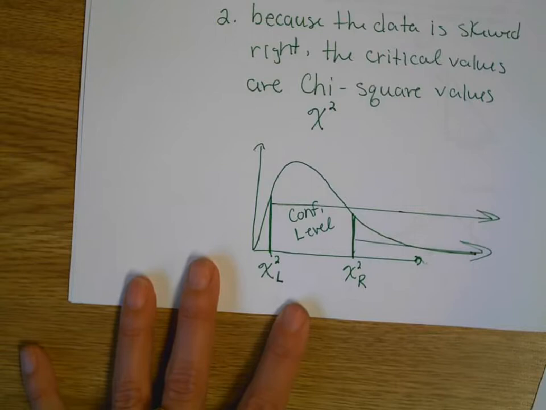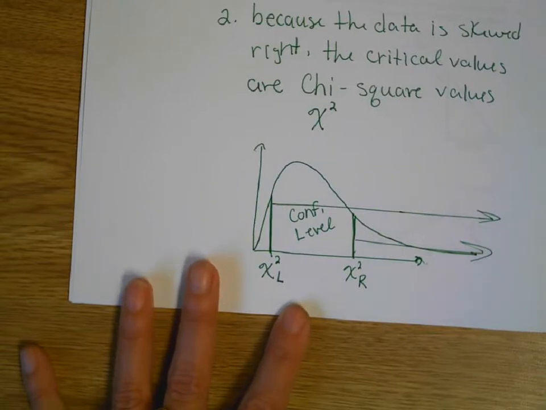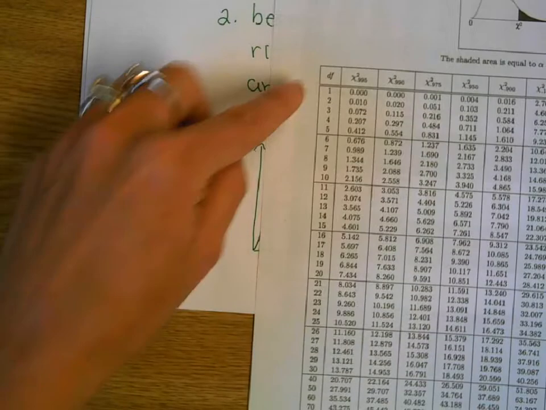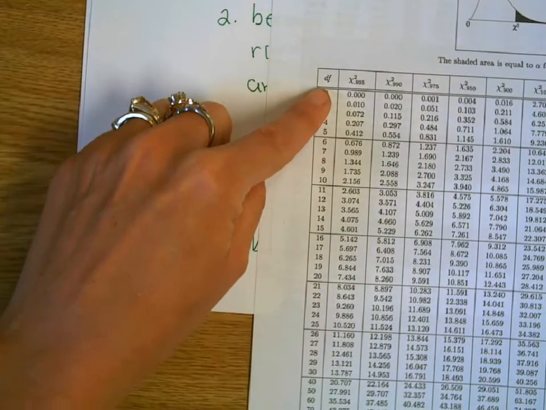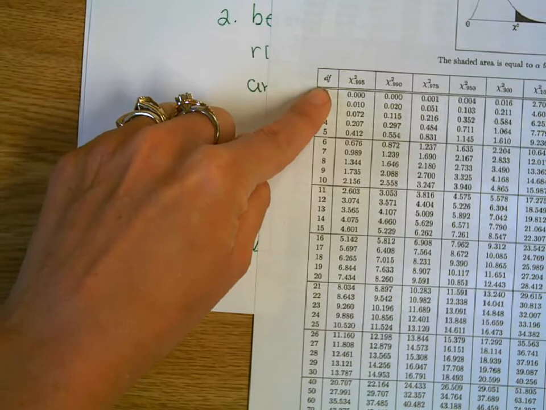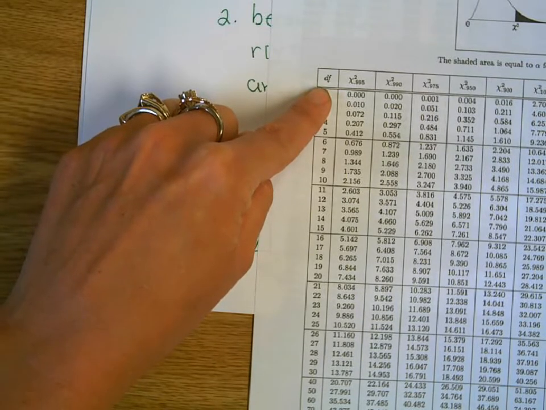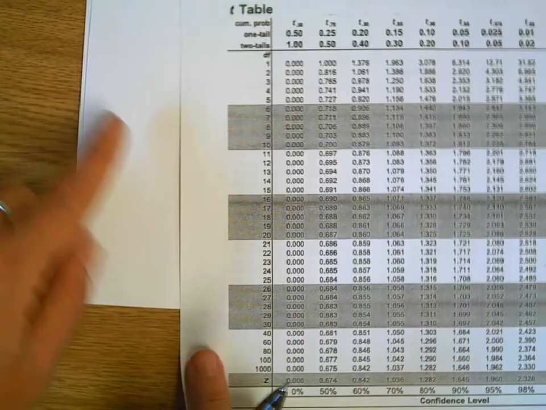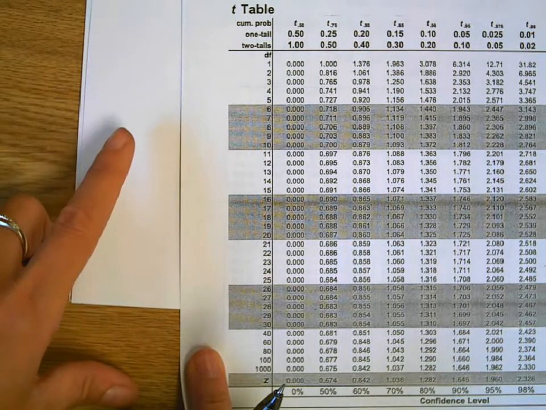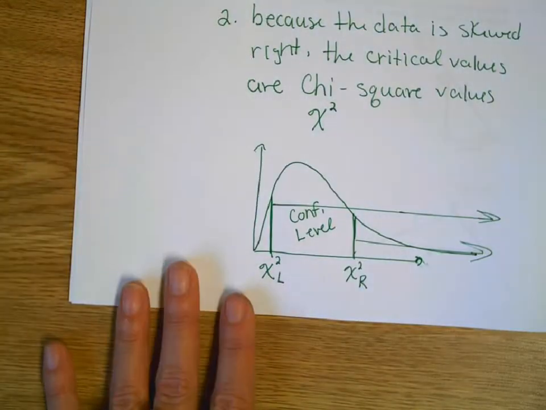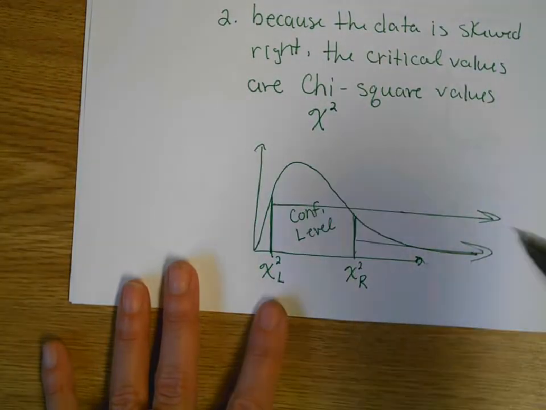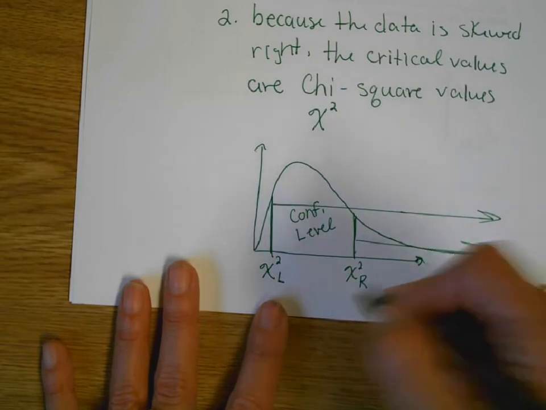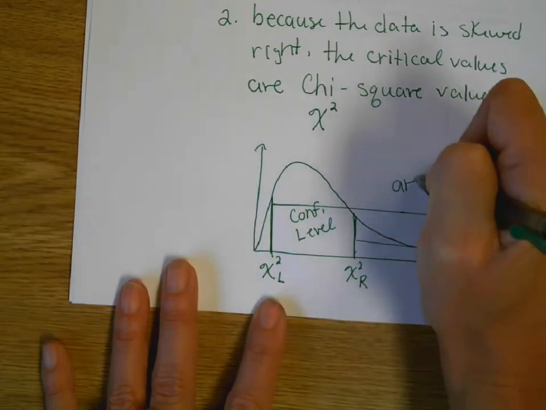So we're going to practice reading the table before we actually get into this. And notice the left-hand column again is DF. What did DF stand for? Degrees of freedom. And how do we get degrees of freedom when we use the t-table? N minus 1. Same thing here. So it's area to the right and degrees of freedom that we have to look up.